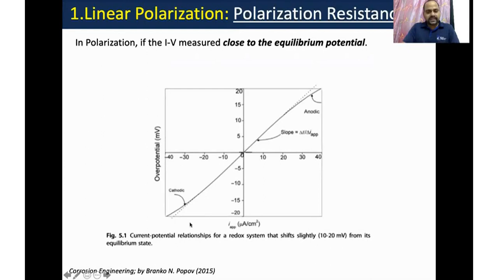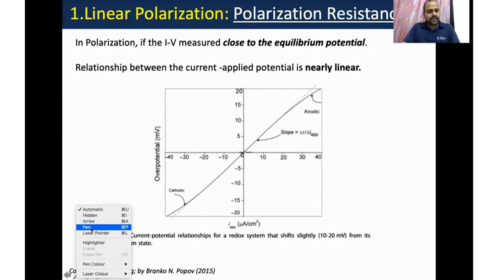See the x-axis, this is 0 current to positive current, this side, in microampere per centimeter square. Let me select the pen. Okay, so this is 0, and 0 to plus 40, and this is 0 to minus 40.